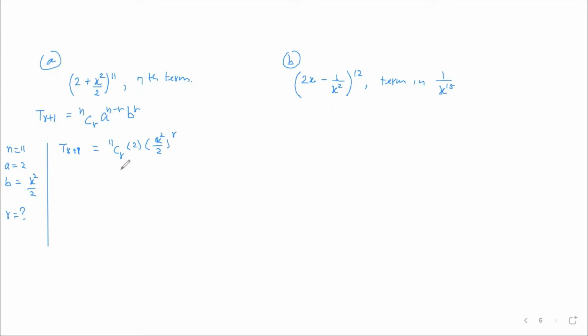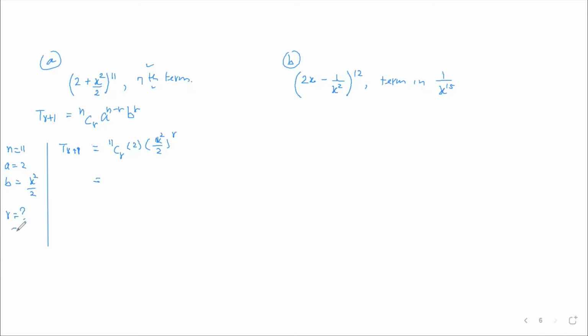Then observe, we want to find the seventh term, right? So this x power 2r, they specified already the seventh term, so this one should be r.